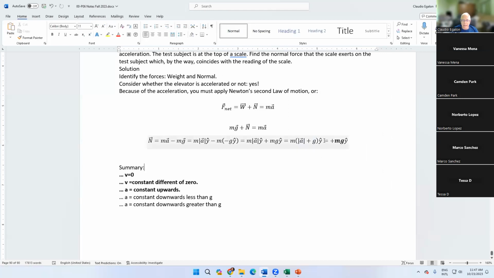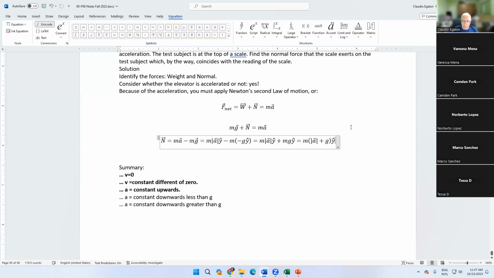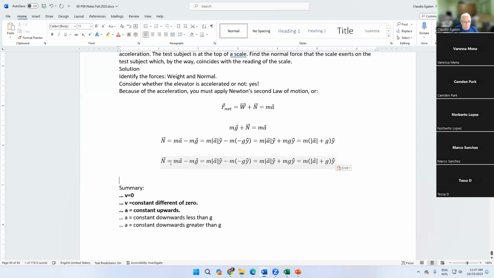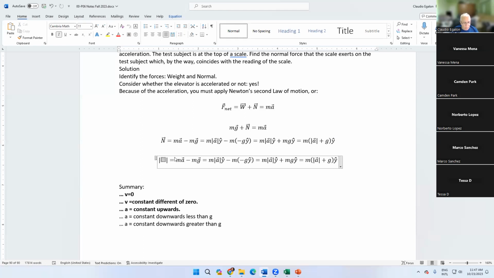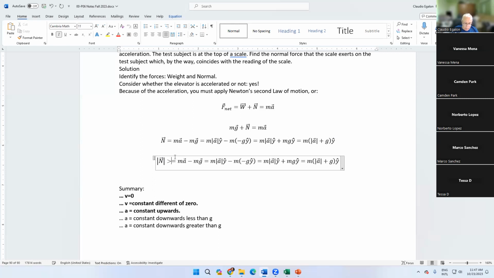I'm going to conclude here. The magnitude of the normal is greater than mg. Okay, you feel heavier.